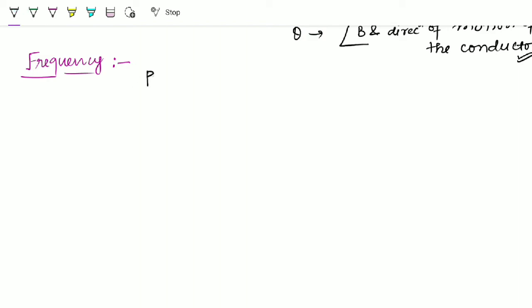Let us consider a synchronous machine where the number of poles is given by P, and N is the speed of the rotor in RPM, that is revolutions per minute.